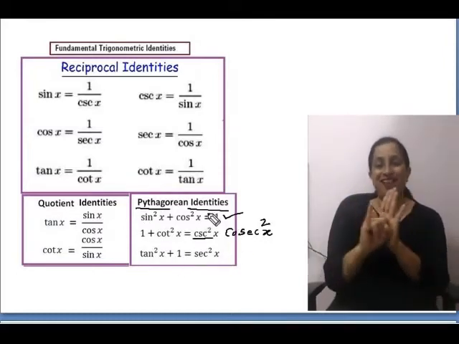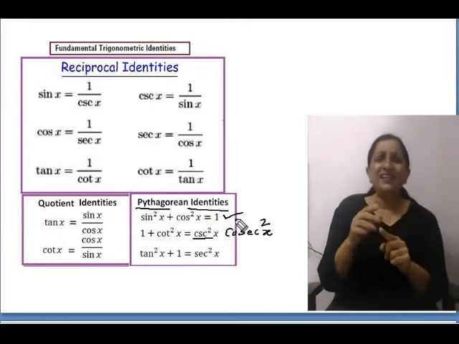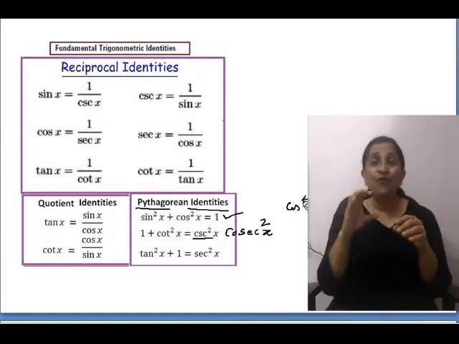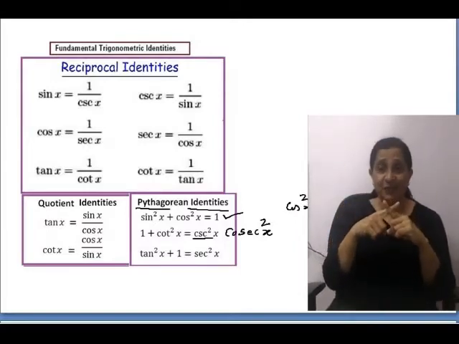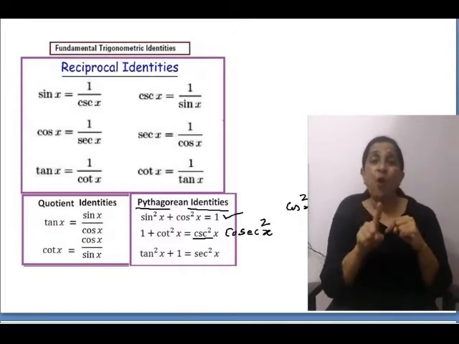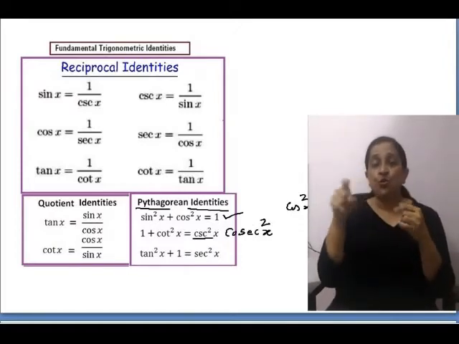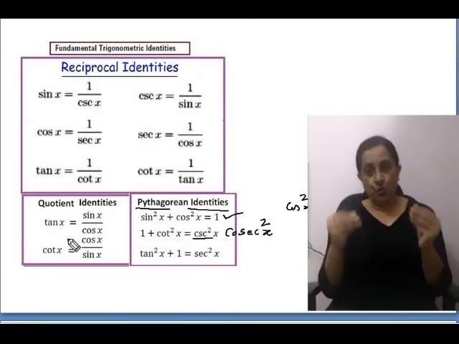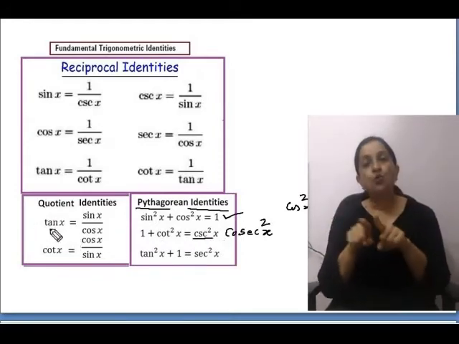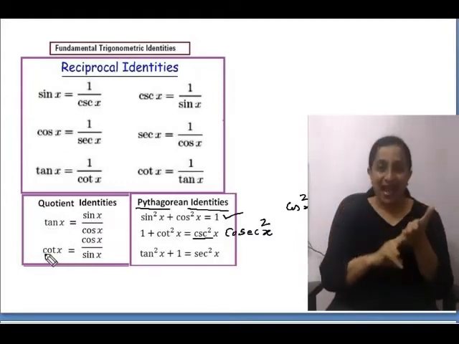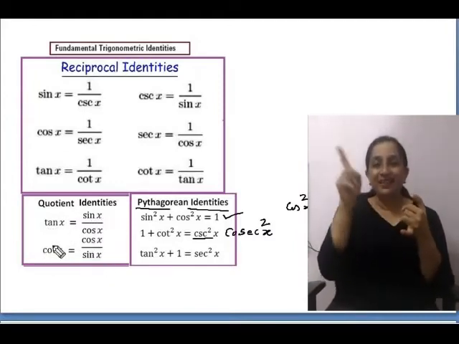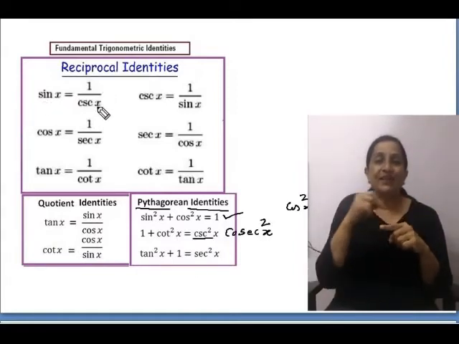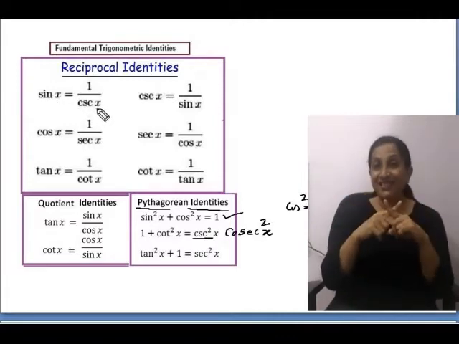All the questions will be around these identities. Many times they will give you sin squared plus cos squared is equal to 1, or ask how much is cos squared x, and you can see from this, it is 1 minus sin squared x. You may get it as a 1 mark question. So easy is it to solve. Plus you must remember, obviously, tan x equal to sin x upon cos x, cot x equal to cos x upon sin x, and the reciprocal identities: sin x is equal to 1 upon cosec x.